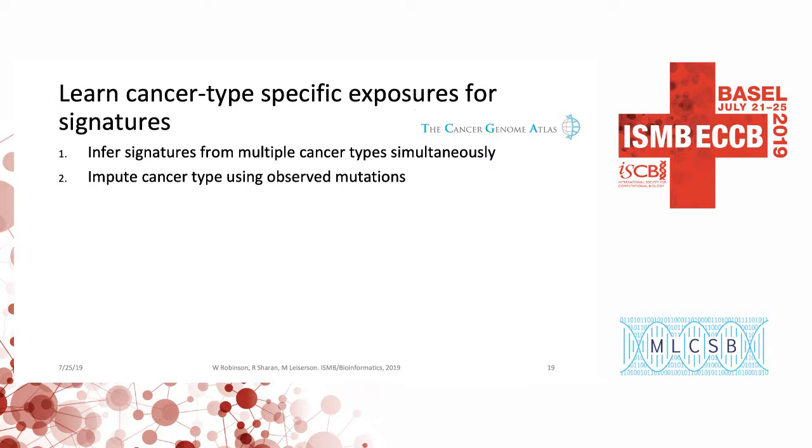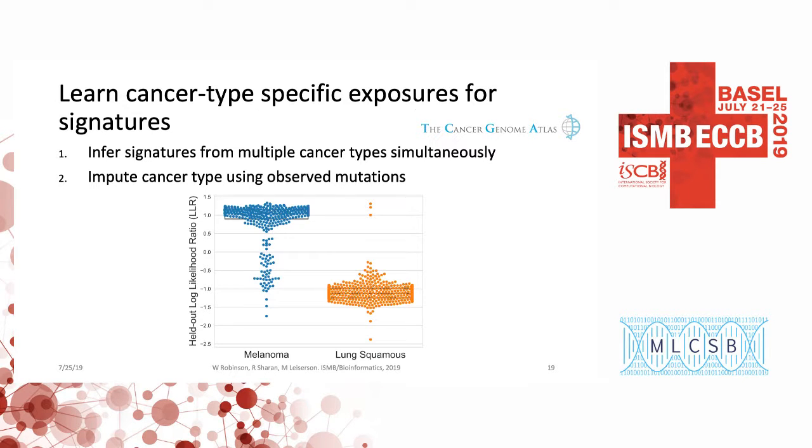And so as a test of this, we decided to focus on melanomas and lung squamous. We decided on these two cases because of previous reports that some lung squamouses in TCGA are actually misdiagnosed metastatic melanomas, and because there is a particular dinucleotide polymorphism, CC to TT, that isn't included in the 96 categories, but is known to be associated with melanomas.